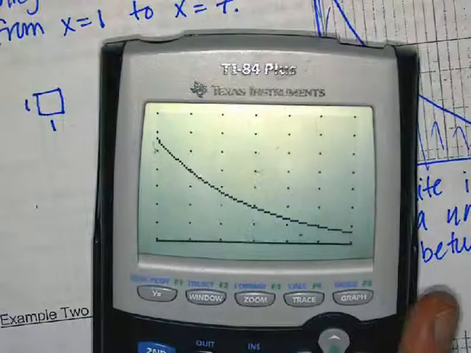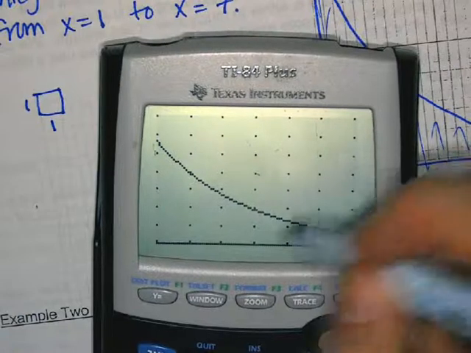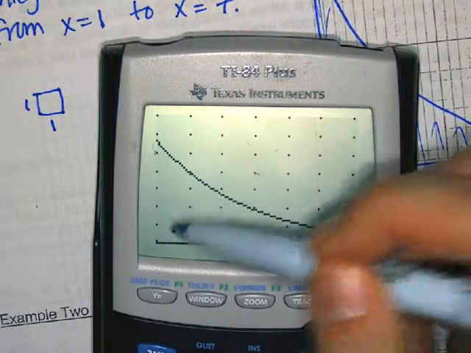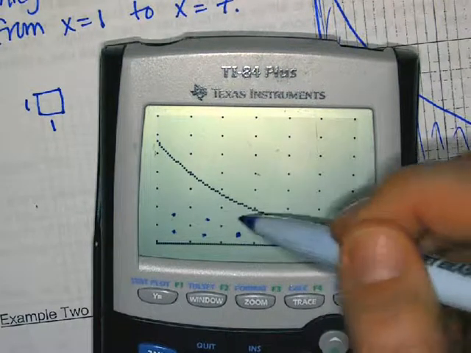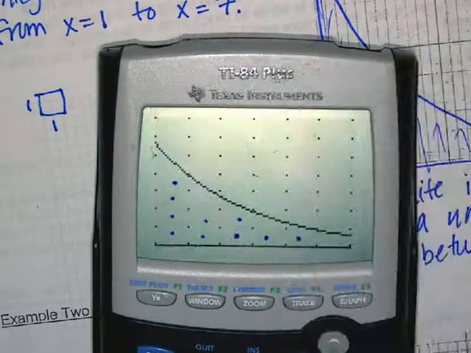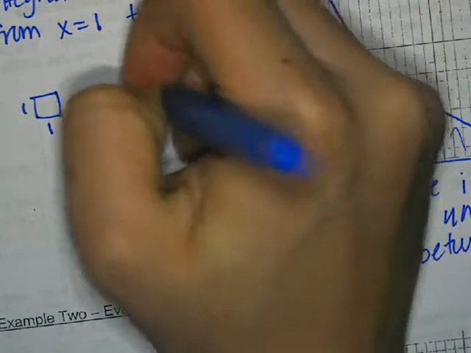Okay. So I have 1, 2, 3, 4, 5, 6, 7. I'll count that box as a whole one. 8, 9, 10. So I'm going to list all the whole boxes I have. So I have 10 whole.